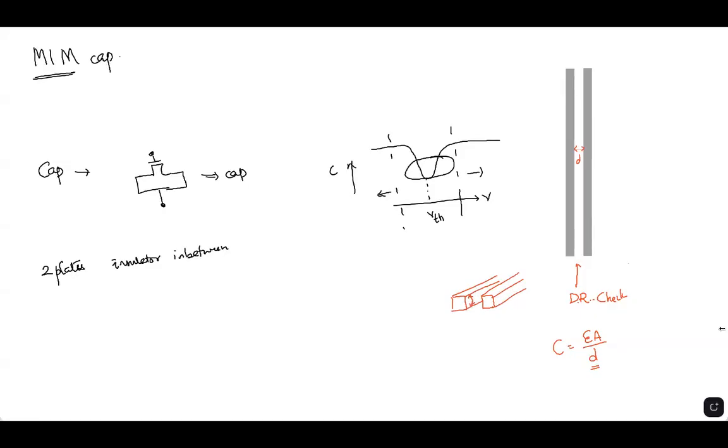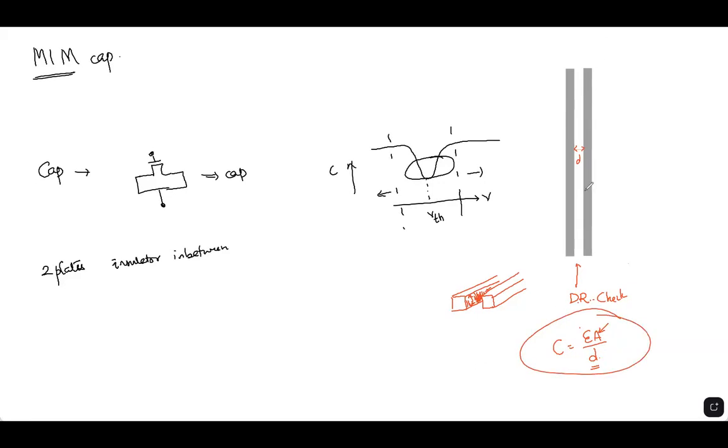They both run parallel for a long length, meaning a capacitance is developed between them, and that capacitance is given by the dielectric constant epsilon, A being the area which they share. You see the cross-sectional area here, right? So all of these areas, into the length, divided by the distance between them.